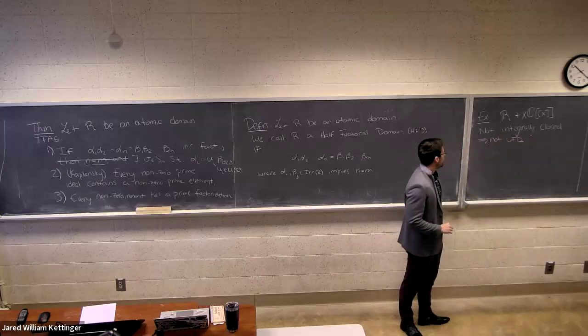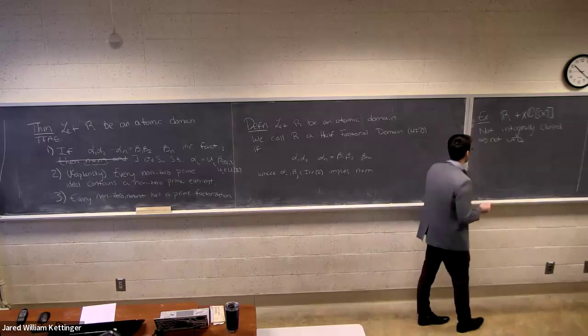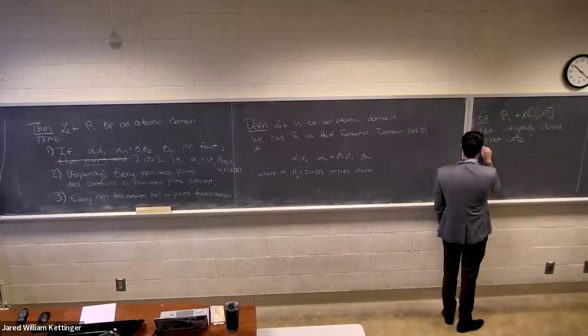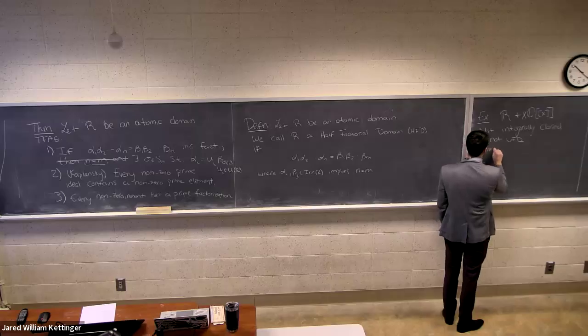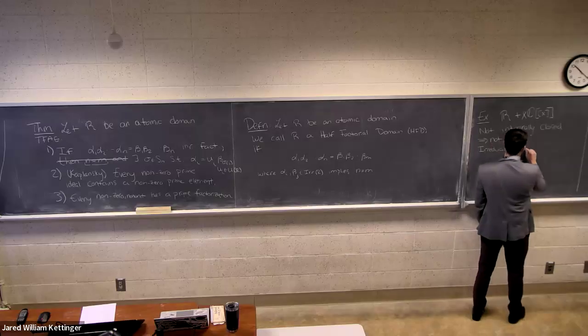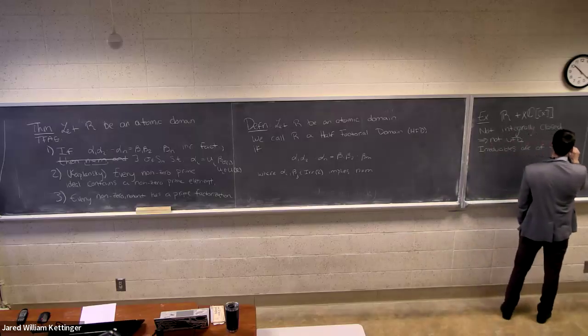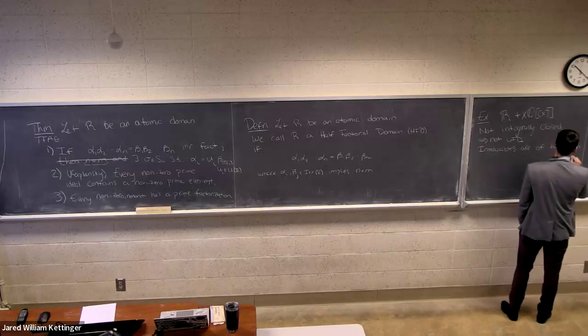All right. Now, the fact that this is an HFD follows from the fact that irreducibles in this ring are of the form x times f of x.